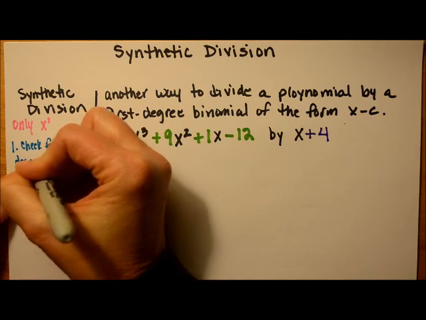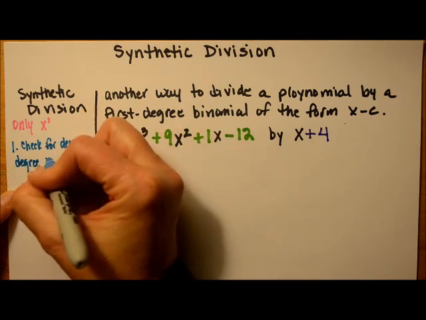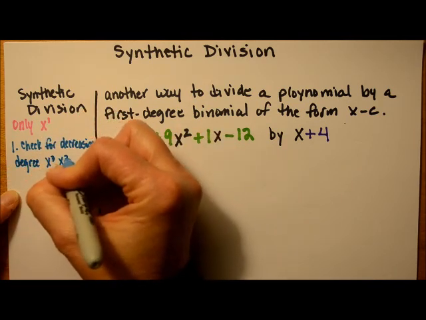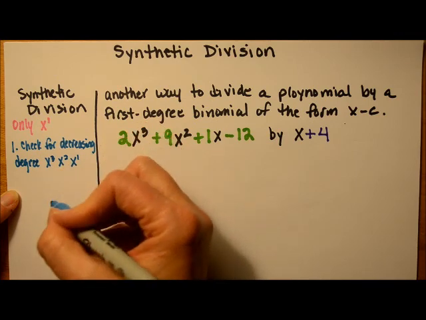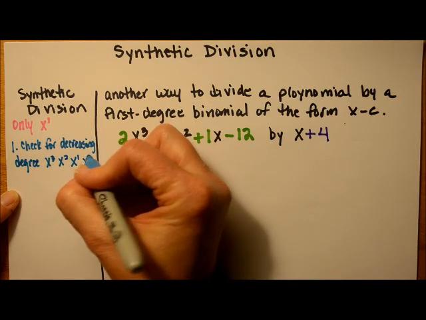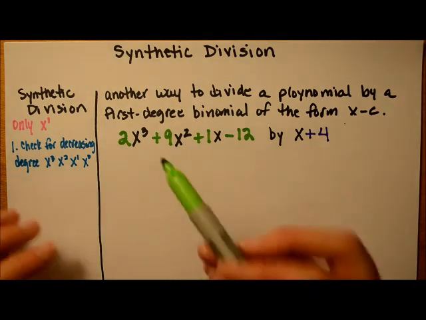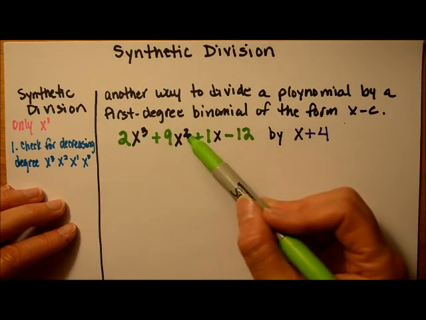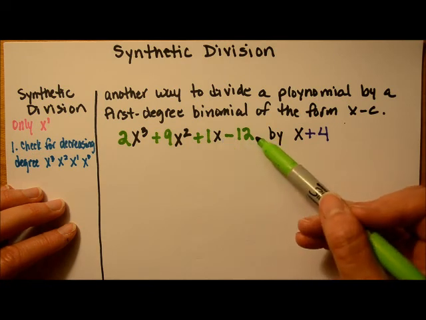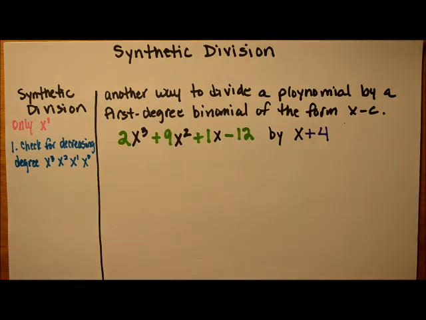And what that means is, is it x to the third, x squared, x to the first, and then you have x to the 0. Do you have that decreasing degree? So check, and if we look at this, we see, okay, it's x cubed, x squared, x to the first, and yes, x to the 0. We don't show it, of course.